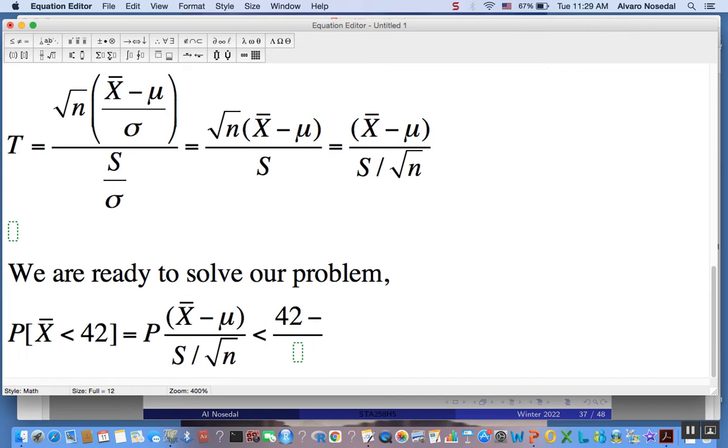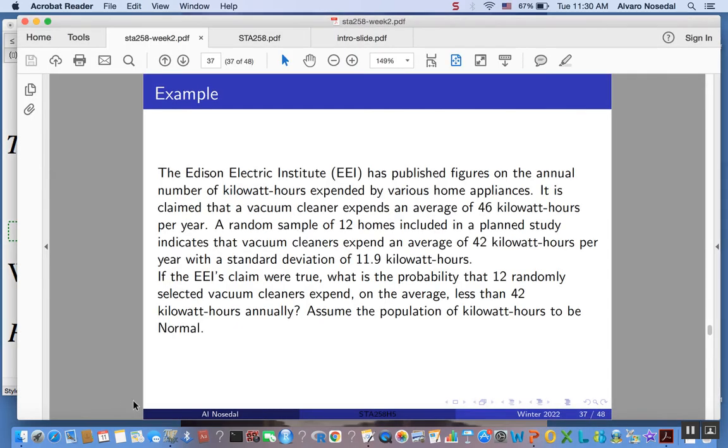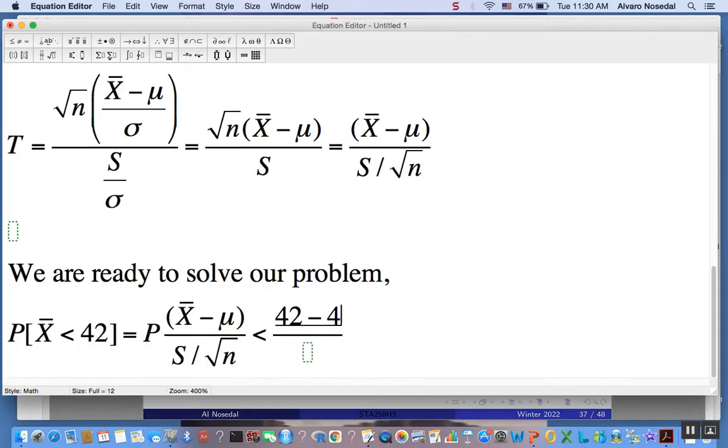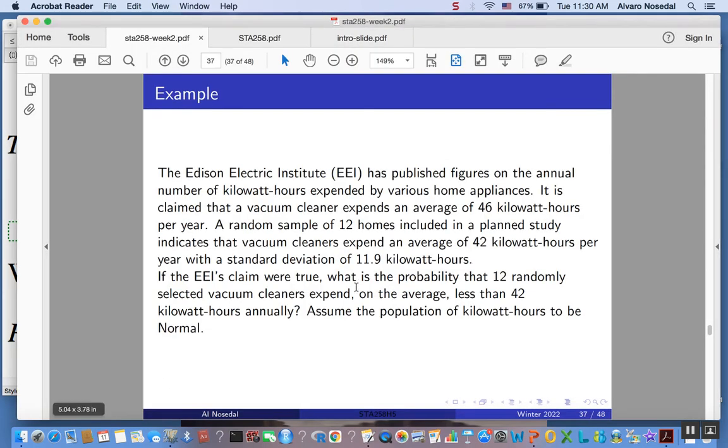42 minus mu, right? Mu, we are assuming, is 46, right? It is claimed that the average is 46, right? And here, where we compute that probability, we say, if that claim is true, find that probability. So we're assuming that mu is 46. So minus 46, sigma squared, we don't have it, but we have the sample standard deviation, S, 11.9.